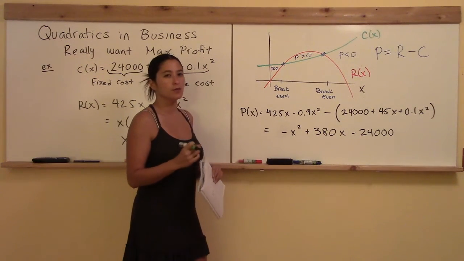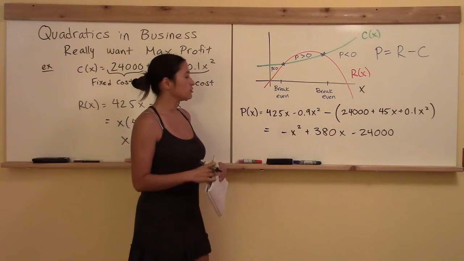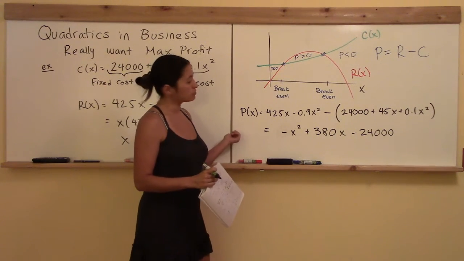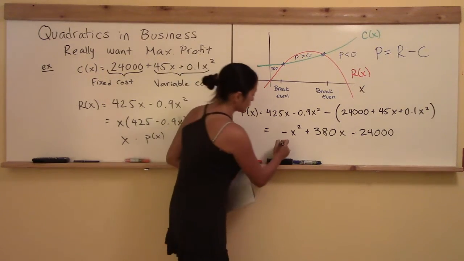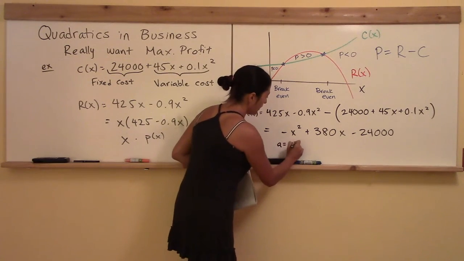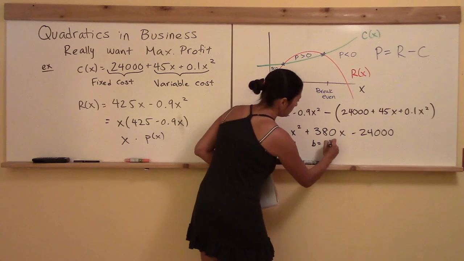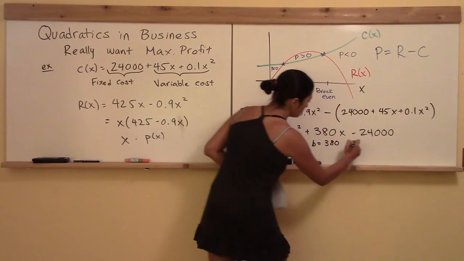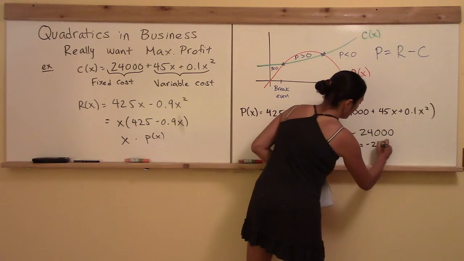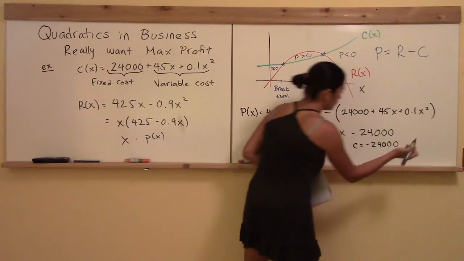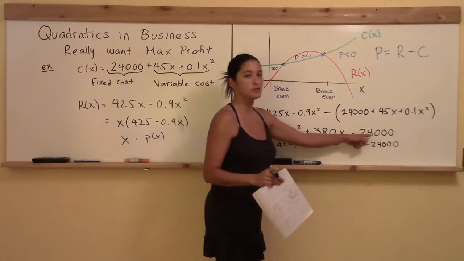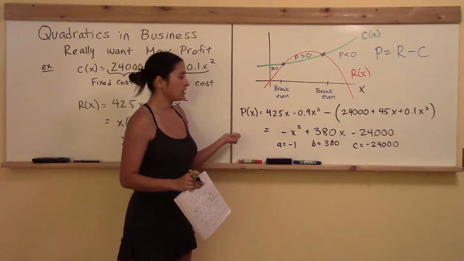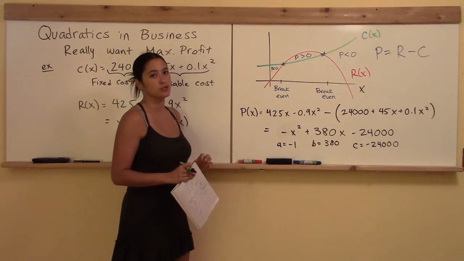Because if you're going to apply the quadratic formula to find the roots of profit, which represent the break-even points where the profit is 0, you have to correctly identify A, B, and C, and those have to do with what type of term, quadratic, linear, or constant, you are multiplying by, not so much the actual order of the terms.